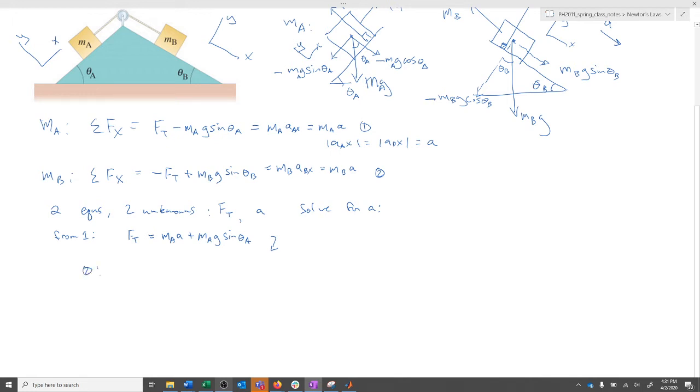Let me just write it out, and then you can see where we're going to put it in.